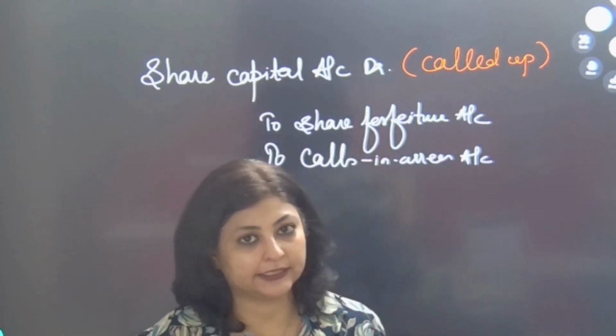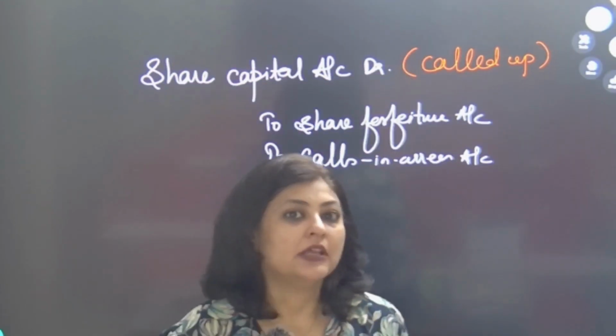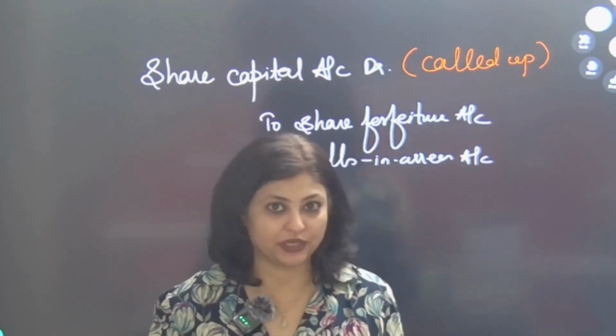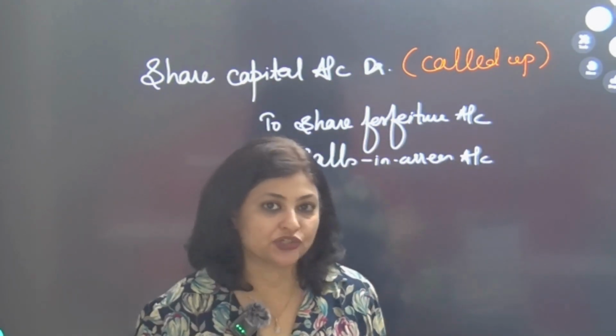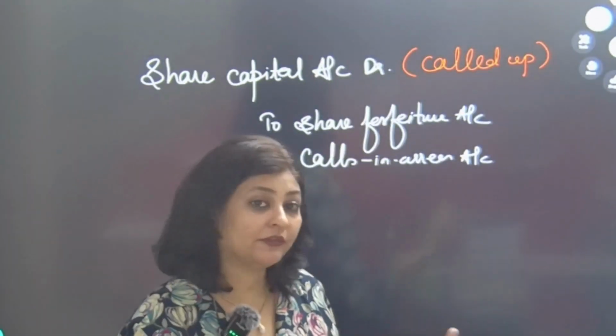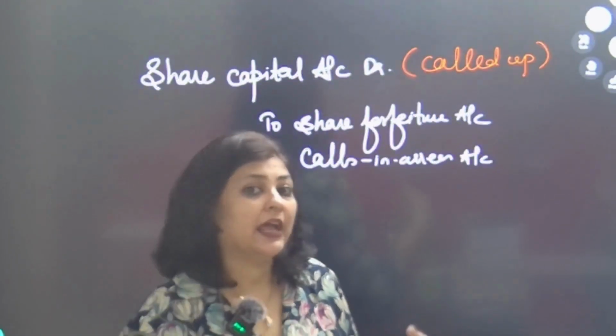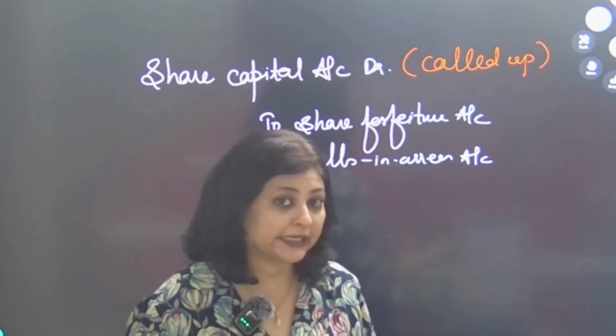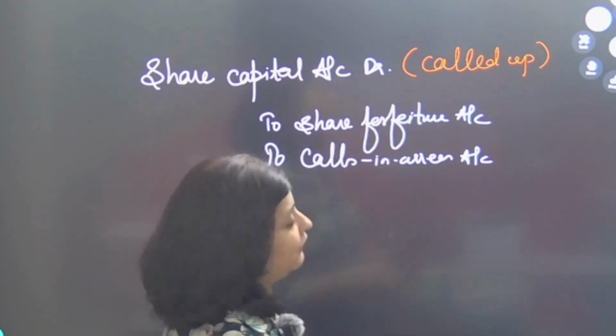Means the directors did not wait for the final call, and after the allotment when the shareholder failed to pay the allotment money, his shares are being forfeited. In such case, called up money will be lesser than the face value of shares. So if the face value of share is 10 and till the allotment only 5 rupees is being called up and the shares are immediately forfeited, we are going to write 5 over here.